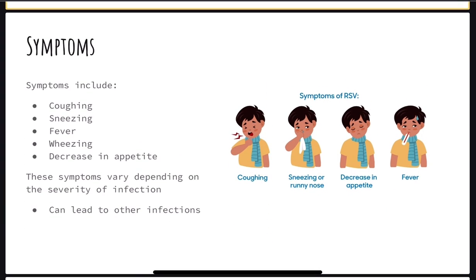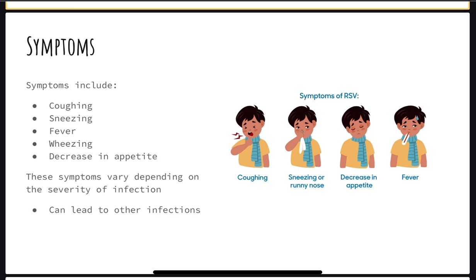So symptoms of RSV are pretty standard and are comparable to symptoms of a common cold or other respiratory tract infections. These symptoms include coughing, sneezing, fever, wheezing, generally difficult breathing, and decrease in appetite. Pretty typical.